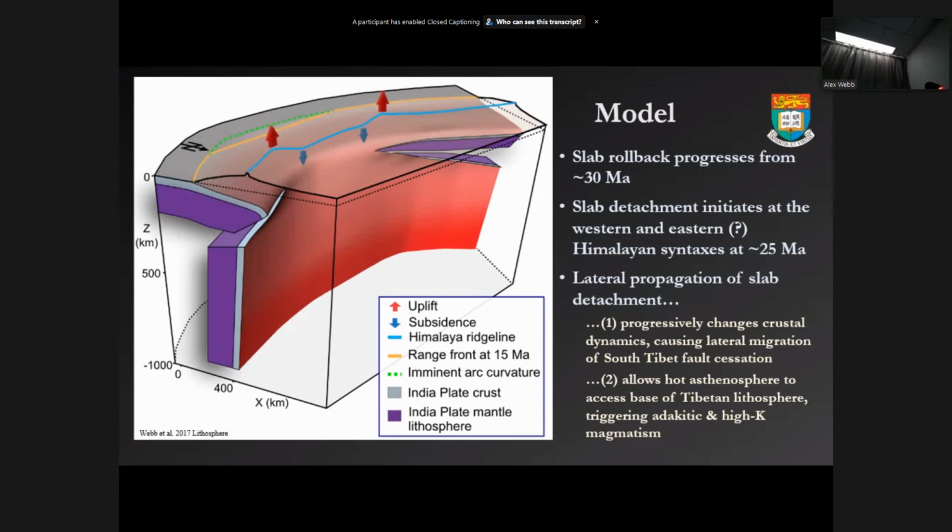So it's a likely thing to shut off the South Tibet Fault. So where the slab's broken off, you shut off the South Tibet Fault. Where the slab is still connected, the South Tibet Fault is still active. So you take all of the context of the crustal models and put them above the lithospheric dynamics, and you can understand why they would operate differently along the length of the orogen.